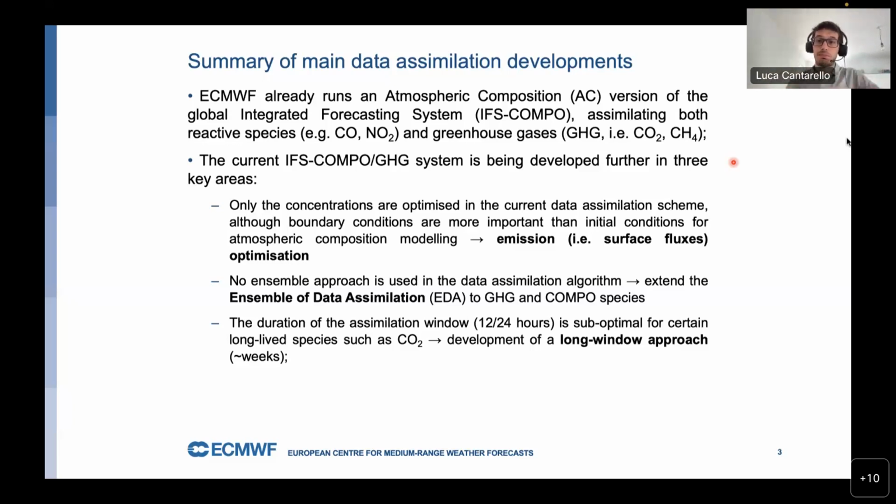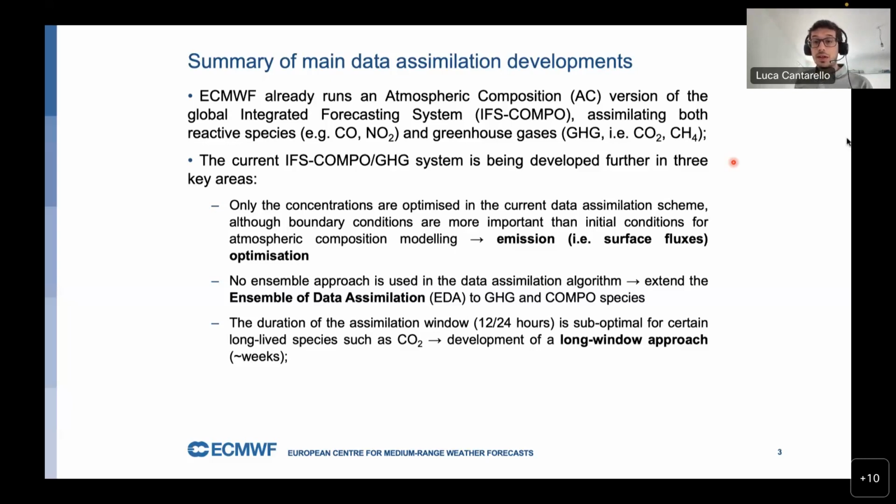The other big thing that we have done is to extend the ensemble approach that is already used in the NWP to the atmospheric composition. So basically developing an ensemble of data assimilation for GHG.